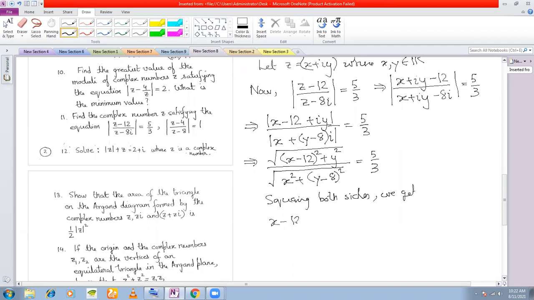|z − 12|... that is, (x − 12)² + y² divided by x² + (y − 8)² is equal to 5² by 3².